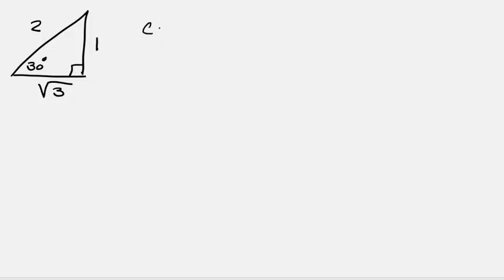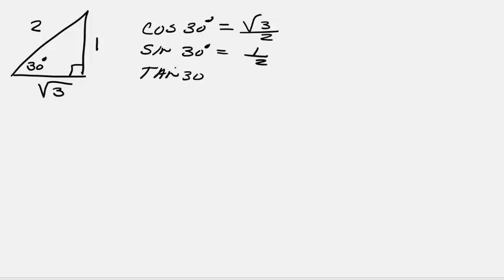So I could say that the cosine of 30 degrees, which is equal to adjacent over hypotenuse, is going to equal the square root of 3 over 2. And what is the sine of 30 degrees? Sine of 30 degrees is 1 over 2. And what is the tangent of 30 degrees? Again, opposite over adjacent.